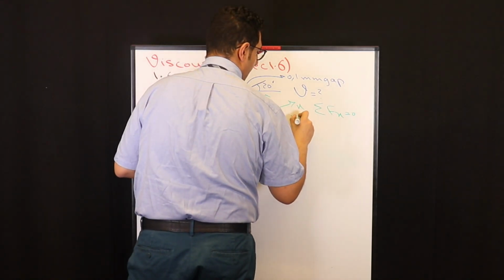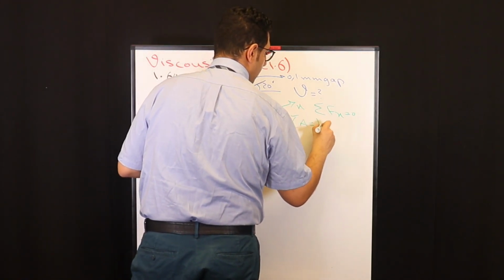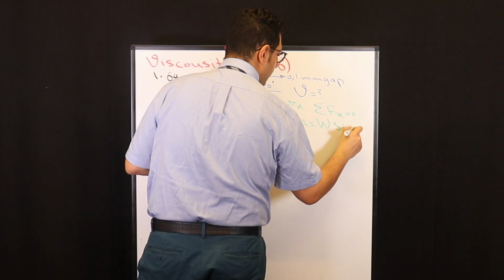So tau A is equal to weight sine 20 degrees.